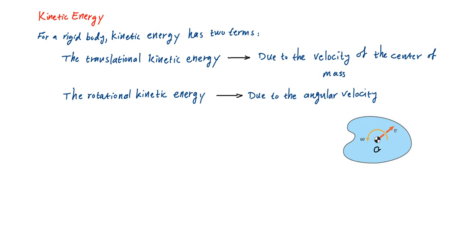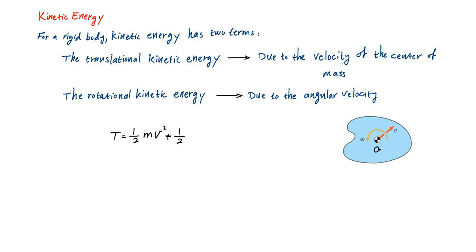So the kinetic energy, the combination of these two terms, would be 1 over 2 m v G squared, the velocity of the center of gravity, plus 1 over 2 I G omega squared.